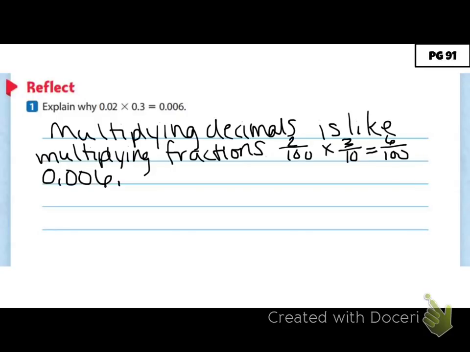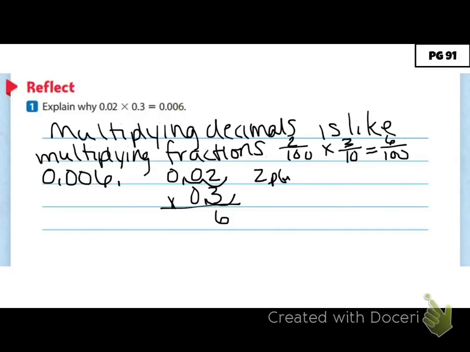So if we wrote this out as a problem, we would have 0.02, or 2 hundredths, times 0.3, 3 tenths. Then we'd multiply. 3 times 2 is 6. Everything else is going to give me zeros, so then I can count my decimal places. 1, 2, 3.